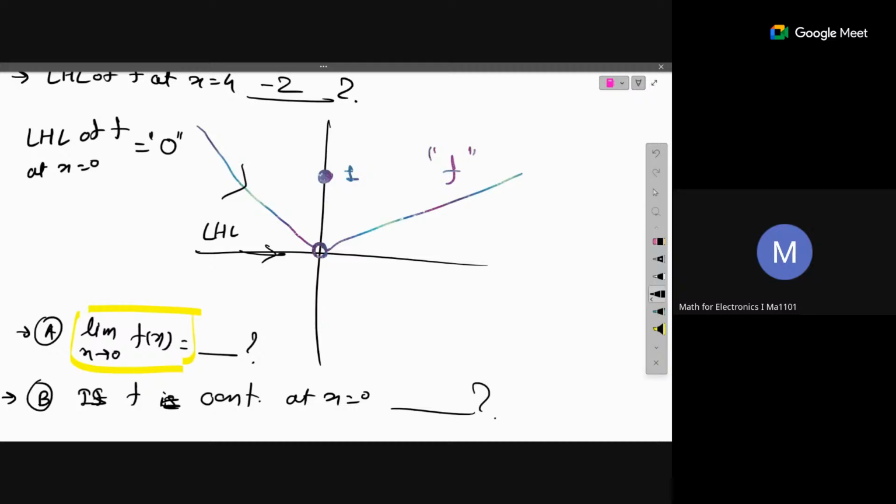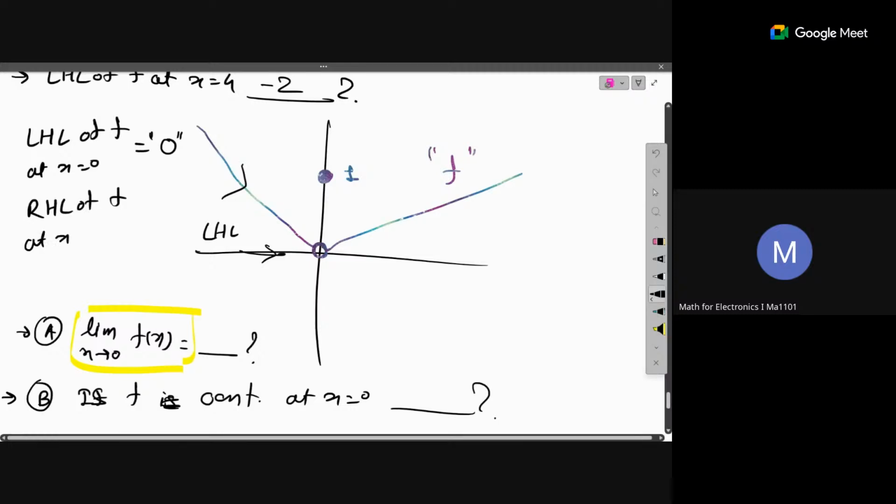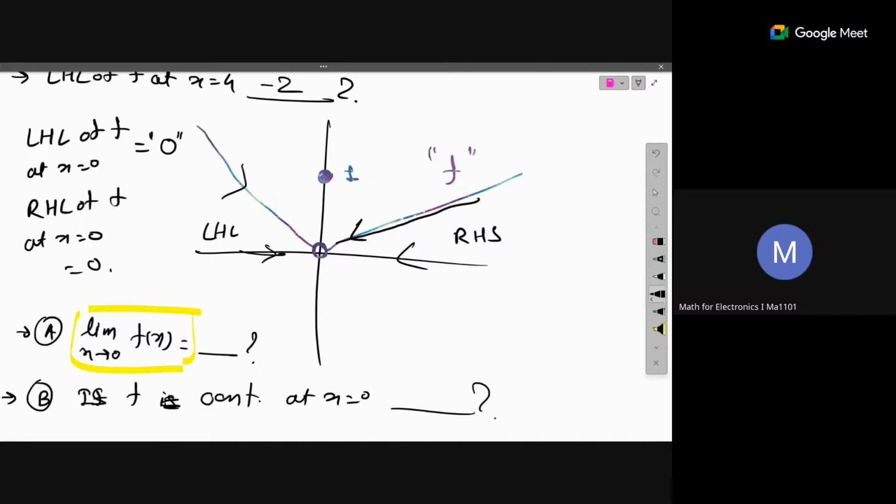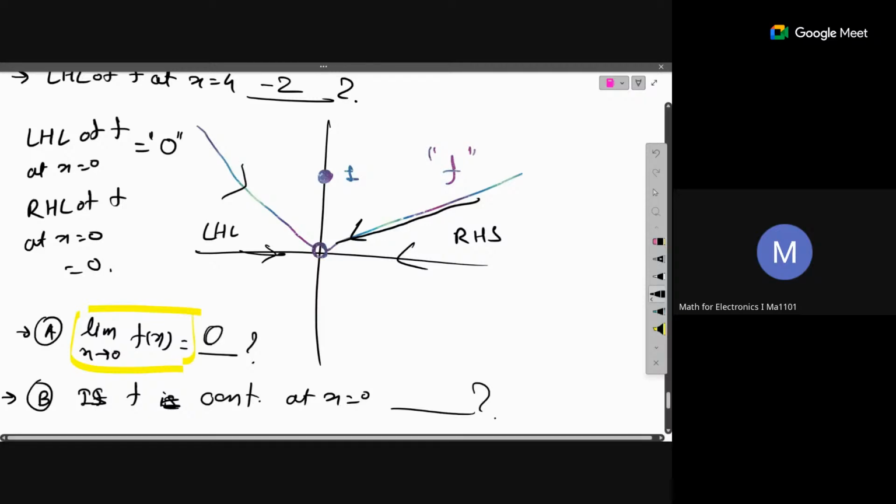And the right hand limit of f at x equals 0 is again 0, because as we approach 0 from the right hand side, the function follows this path and also approaches 0. So the limit as x goes to 0 of f of x is 0.